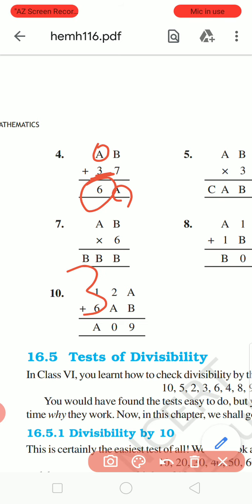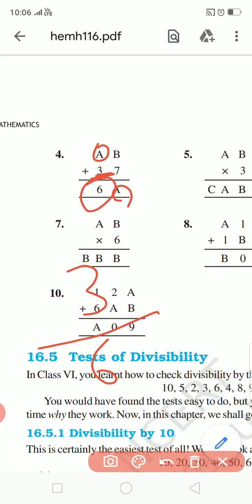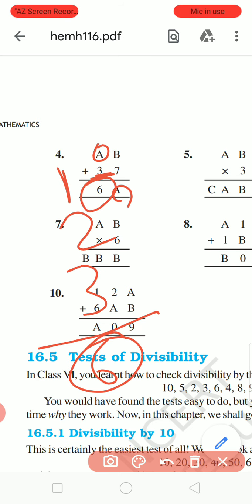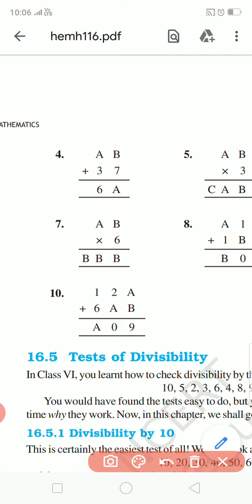So what we will add with 1 carry at least, because here we have been given 7, and if we take any number with 7 less than 3, it will be 2. So if I take 2 here, 3 and 2 is 5, 1 in carry, so I will get 6. So I have to imagine this B to get this A as 2.